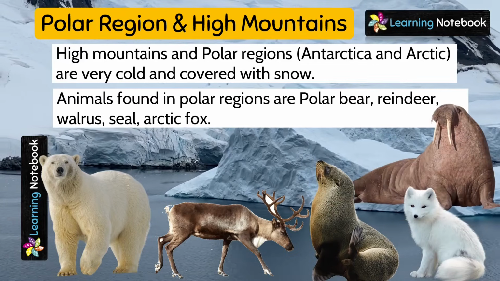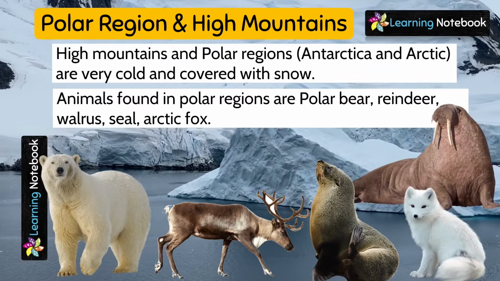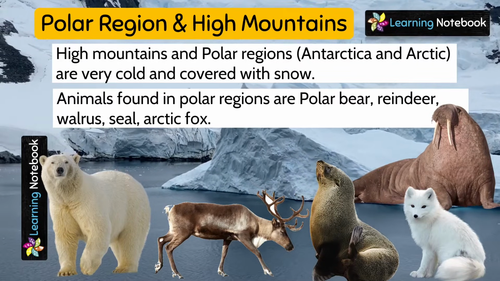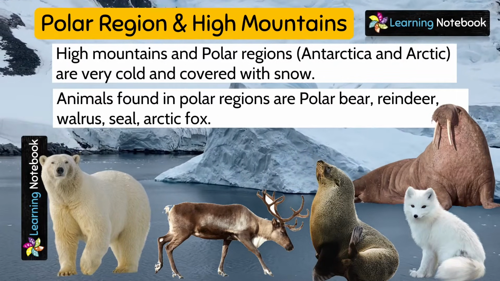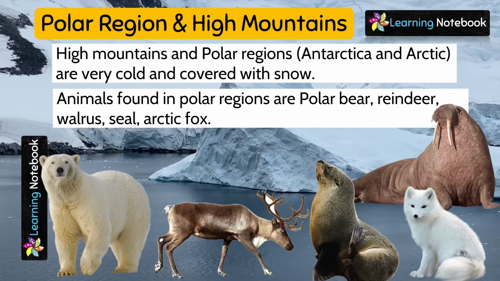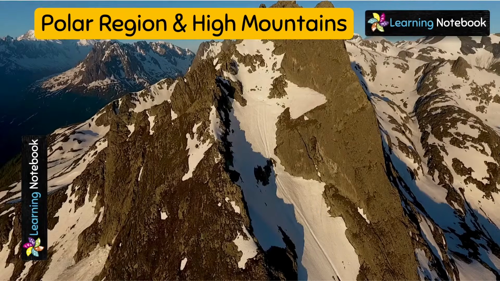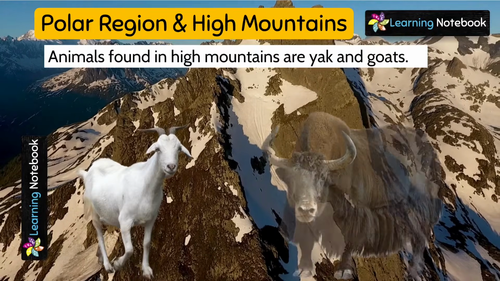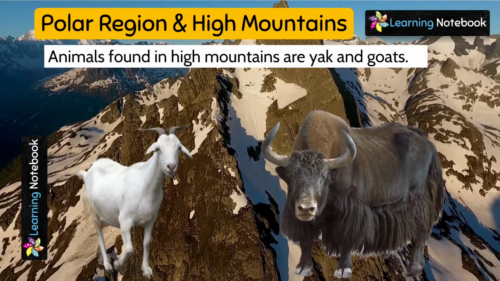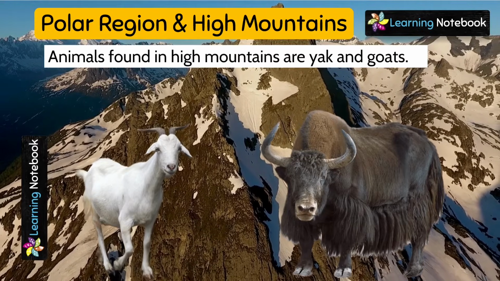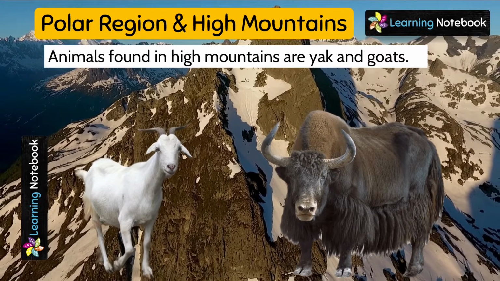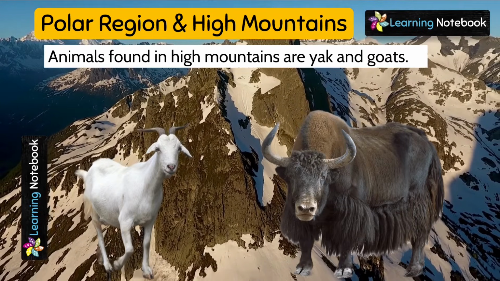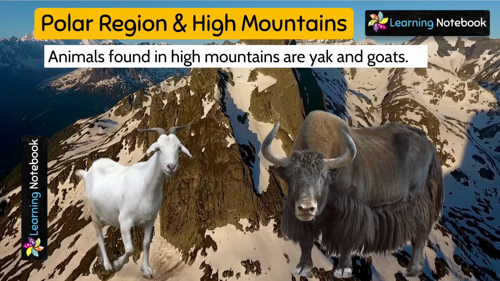And animals found in polar regions are polar bear, reindeer, walrus, seal, Arctic fox. Both polar regions and high mountains are among the coldest and most harsh habitats. And some of the animals found in high mountains are yak and goats.